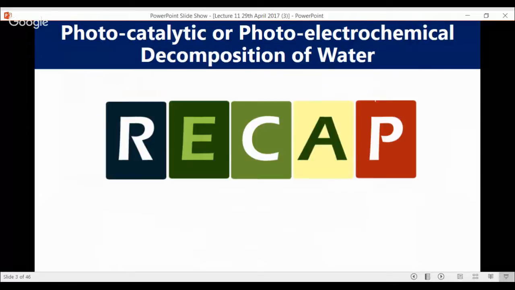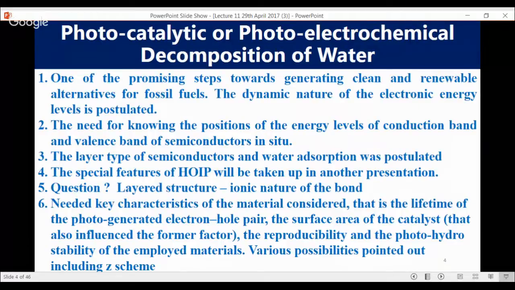Now, the brief recap: last time we talked about many things regarding the choice of materials. One of them is what we called the double junction materials, type 2 junction material and Z type of material. Z scheme materials were the possibilities that we were discussing last time.